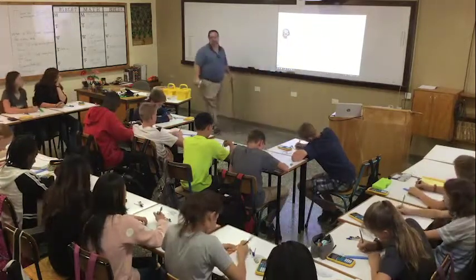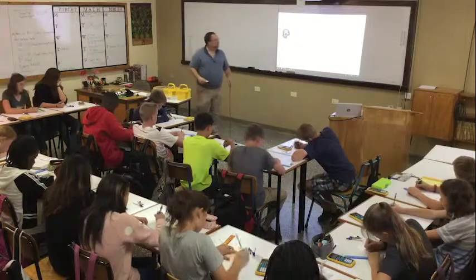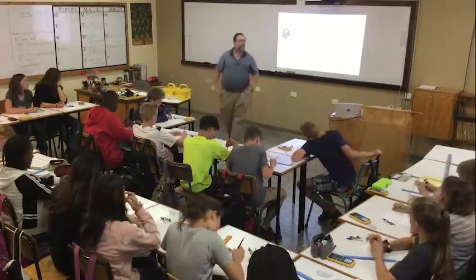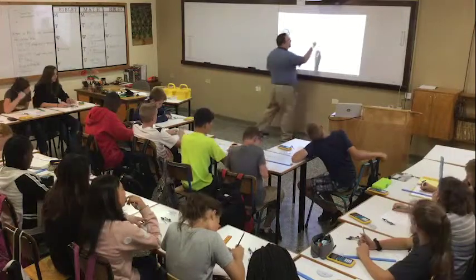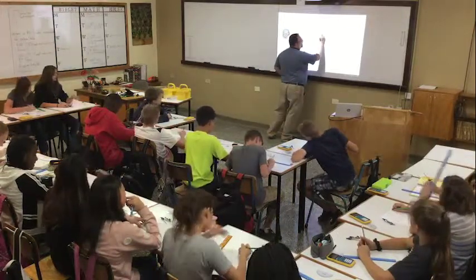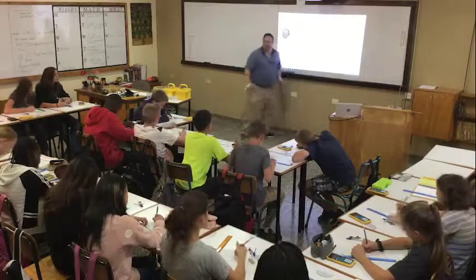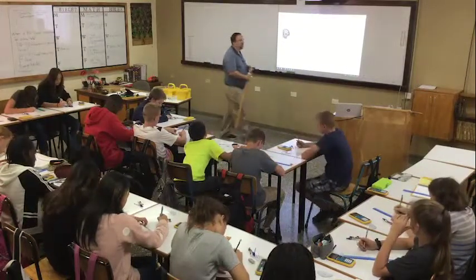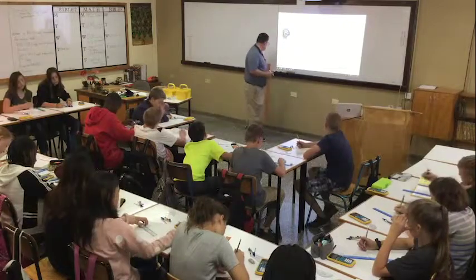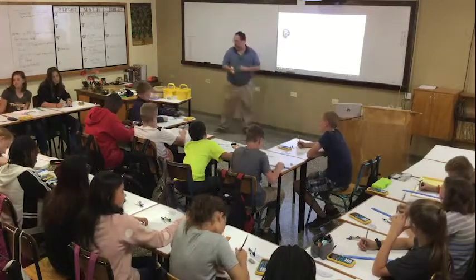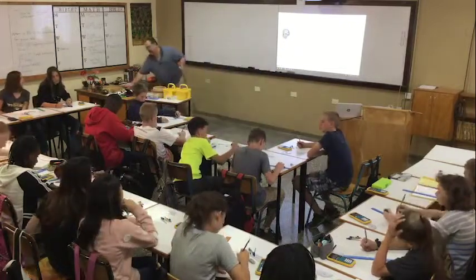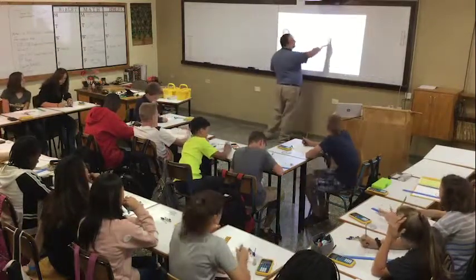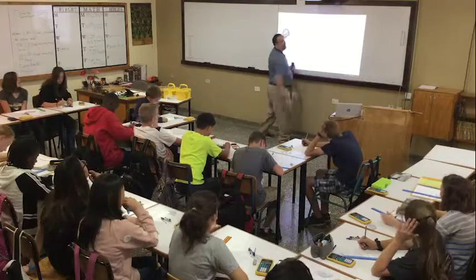Once I have my perpendicular bisector, this tells us two really cool things. It tells us that this point right here is the midpoint. We've constructed it, so we haven't done what we did back on this other page, where we just eyeballed it, that's about the midpoint.